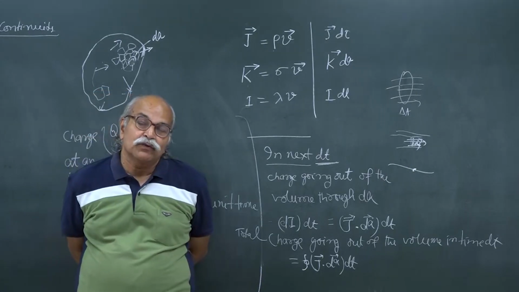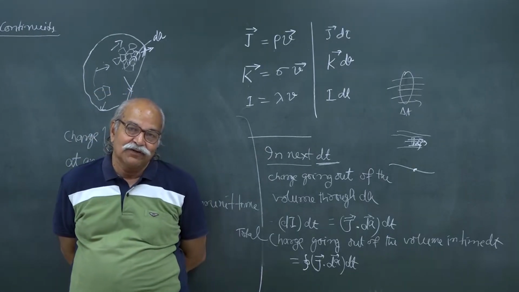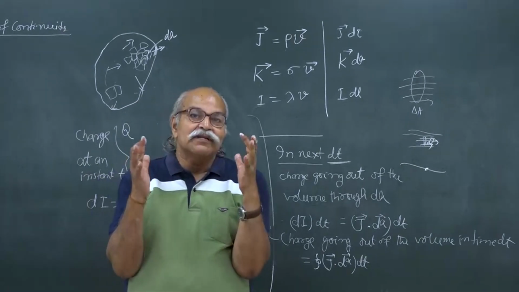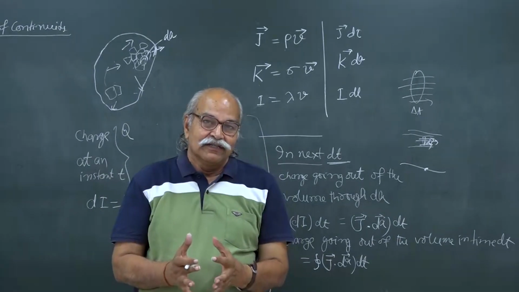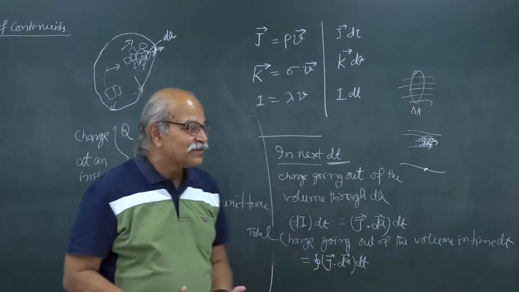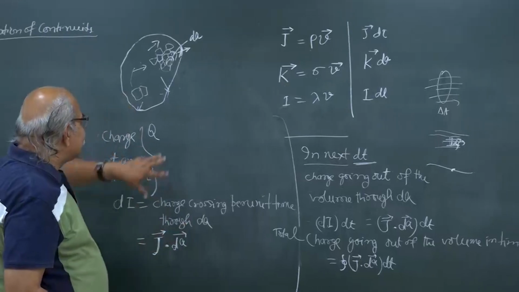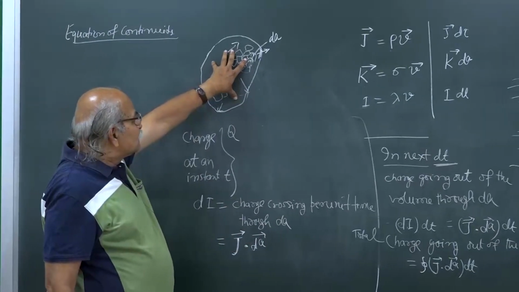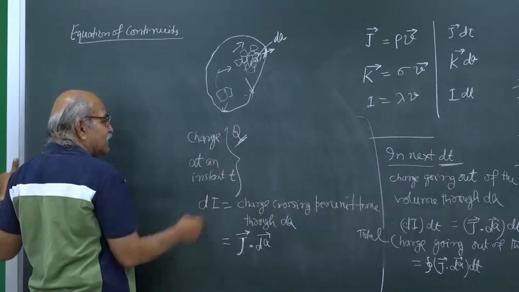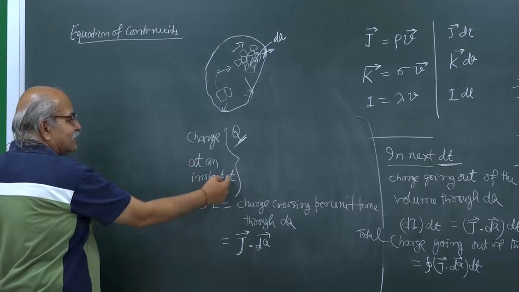Now, if this is the total charge which has gone out, and the total charge was capital Q at time t, how much is it at time t plus dt? In time dt, what is the change in this capital Q? Remember, capital Q we have defined as the charge at an instant t.